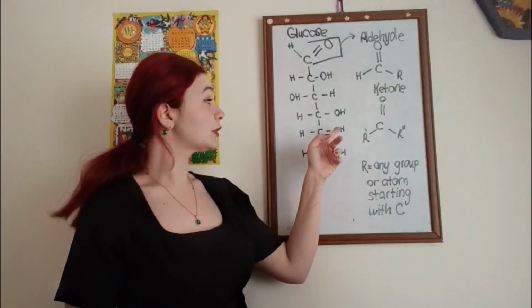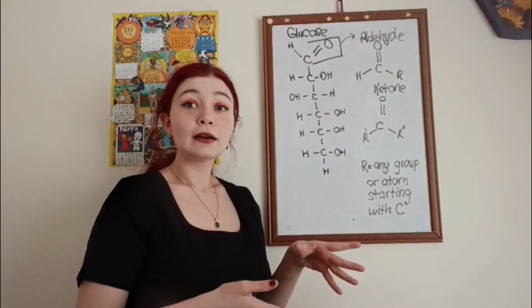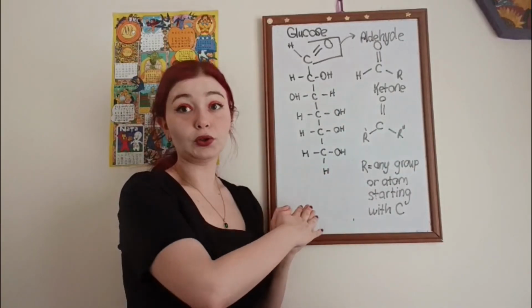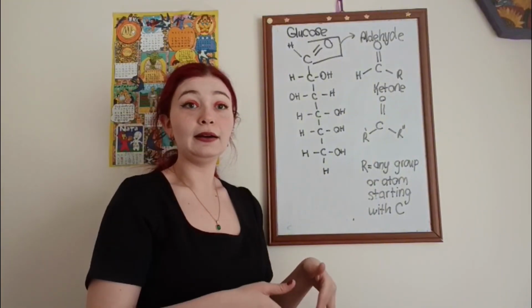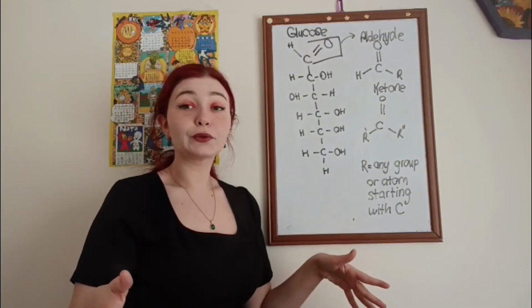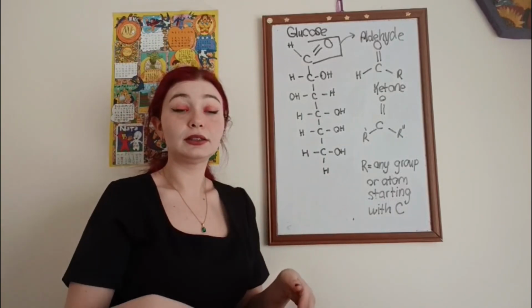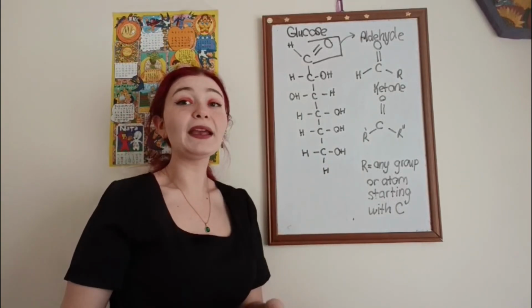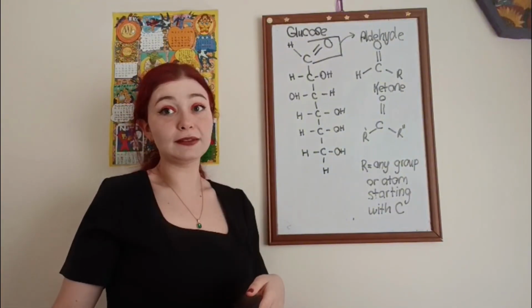The simplest sugars are unbranched carbon chains covered in hydroxyl groups. These hydroxyl groups love to make hydrogen bonds with water. That makes them dissolvable in polar solvents.